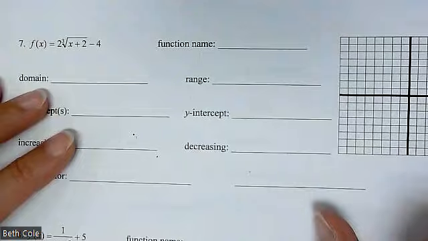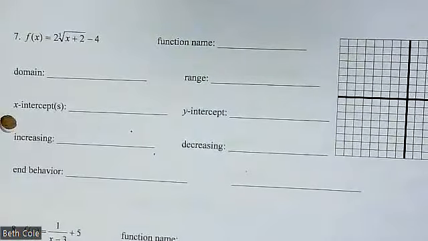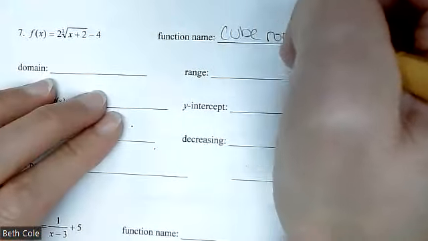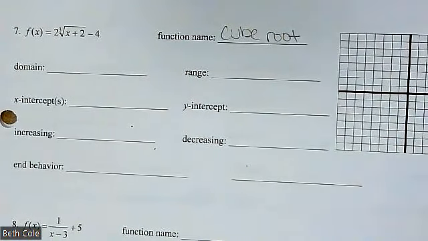Let's look at number 7. Again, I made myself a little list here and I'm just picking out what I think is the toughest stuff. We're going to do the hardest part together. So what's this one called? Cube root. Perfect. What directions did it shift?